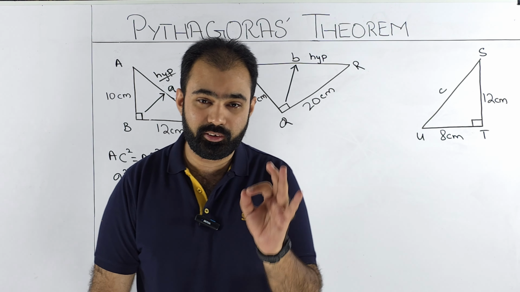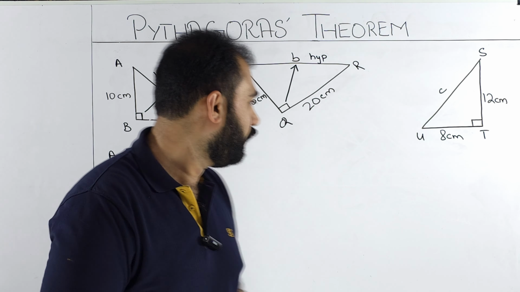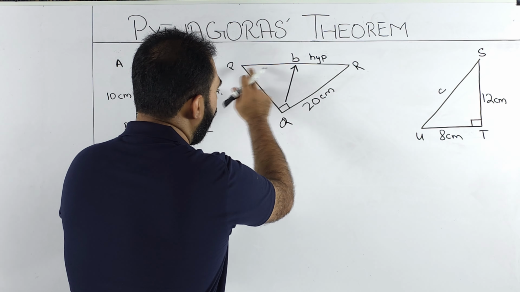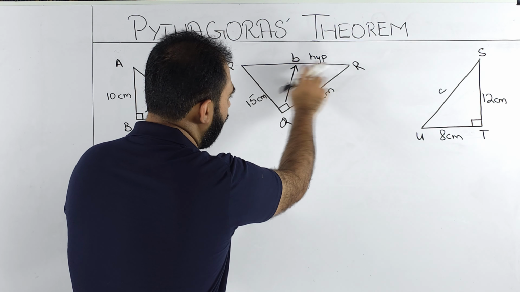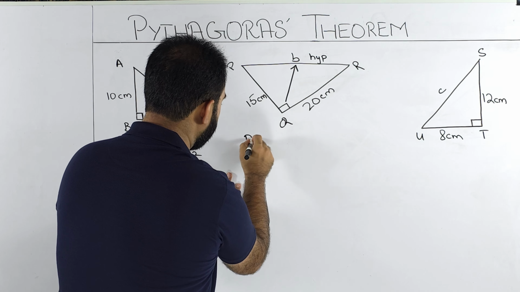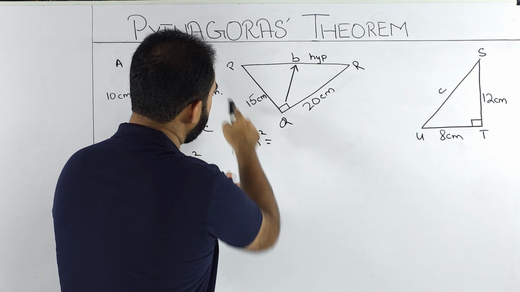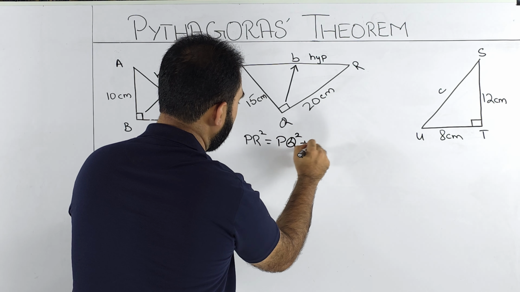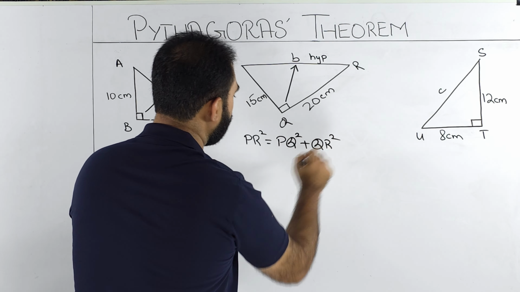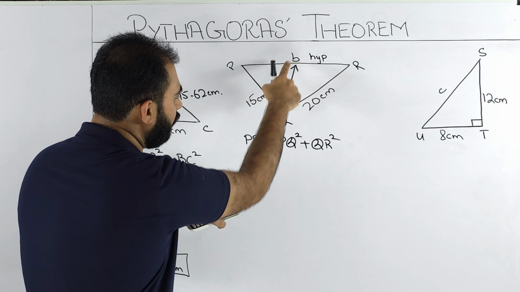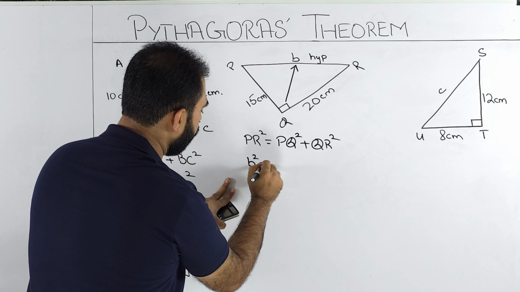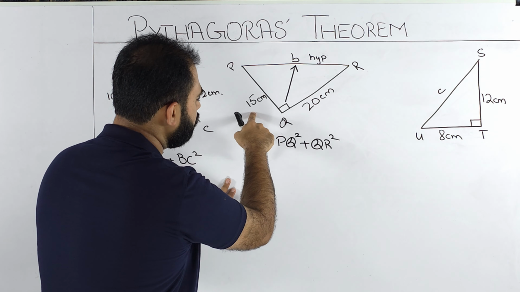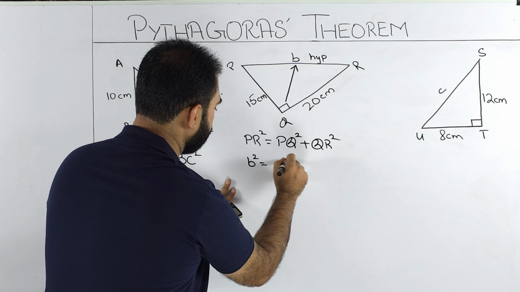This is the first thing, this is the most important thing that you should do. According to the theorem, PR, that is hypotenuse square, is equals to PQ square plus QR square. Now, PR square in this case is B square, that is equals to 15 square plus 20 square.